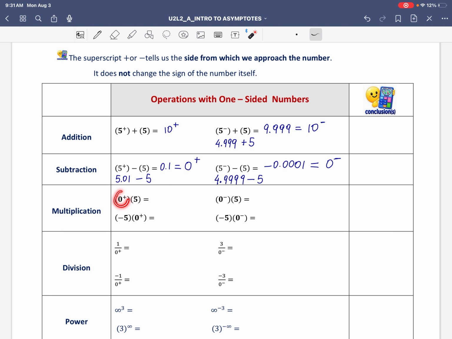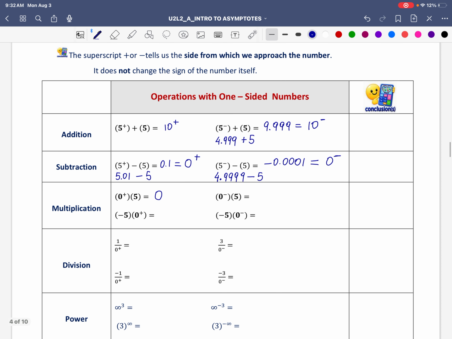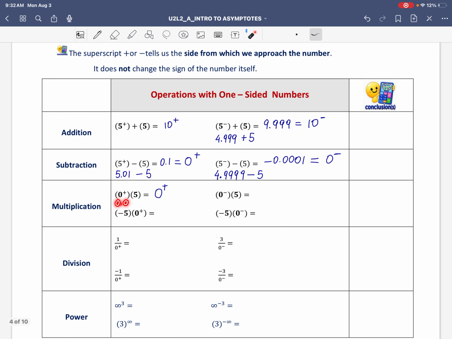Now, multiplication of one-sided numbers. So if we have 0 plus multiplied by 5, the multiplication will give us still 0, because multiplying by 0 gives 0, but it will be a 0 positive. Imagine multiplying 0.01 by 5.